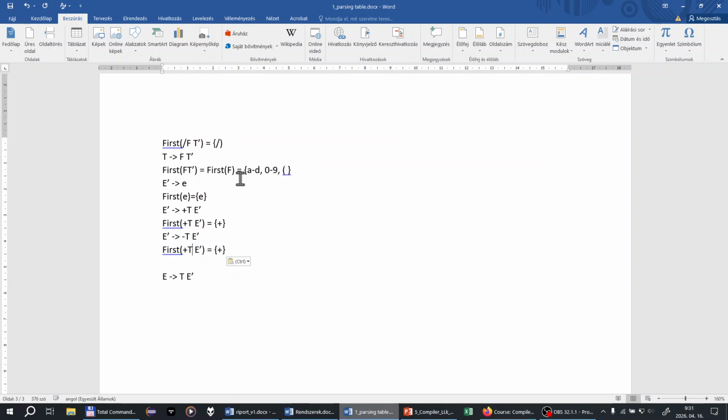The minus T E prime contains minus, and first T E prime actually starts with the same as the beginning of first character of T, which equals this.